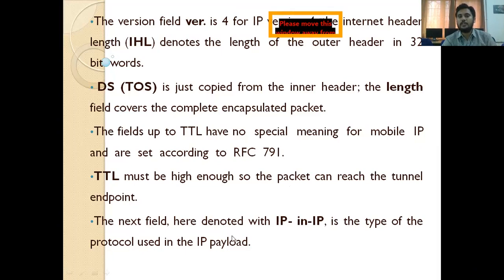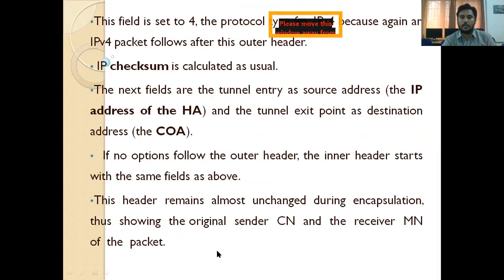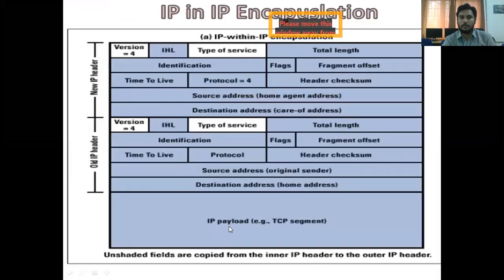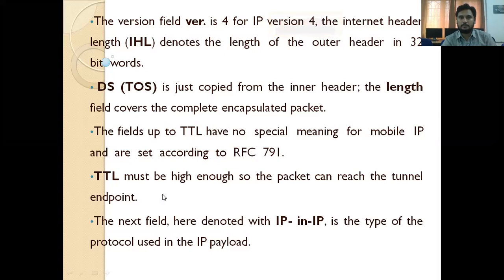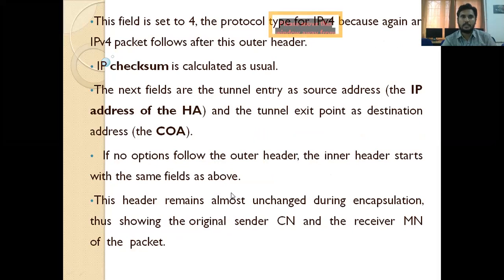The next field denotes, with IP in IP, the type of the protocol used in the IP payload. So here is the IP payload. Up to TTL there is no change; thereafter, IP in IP is encapsulated.